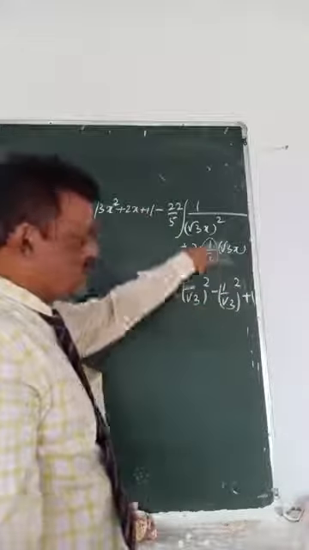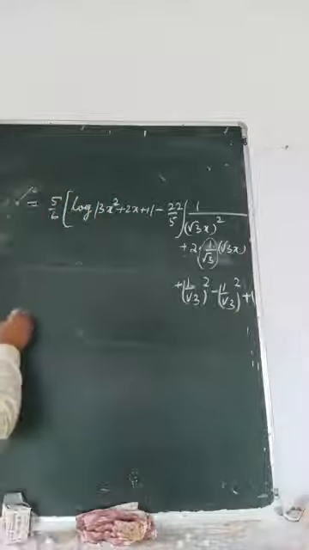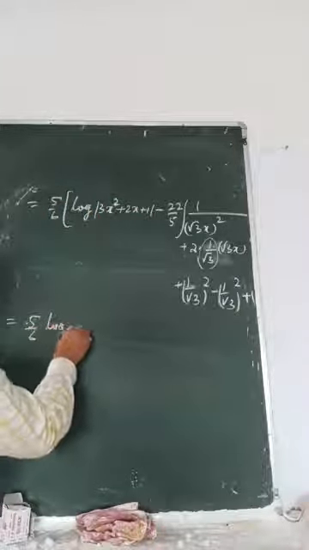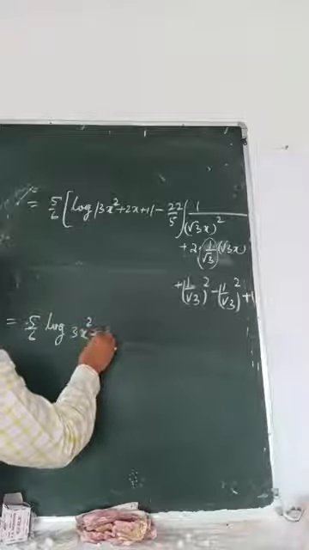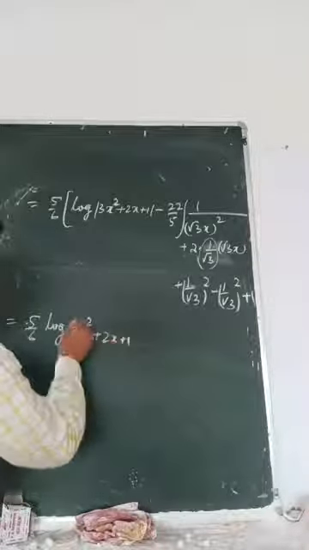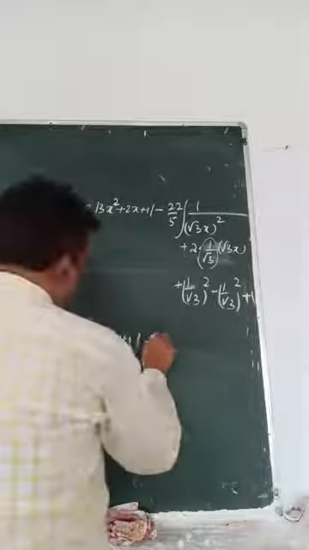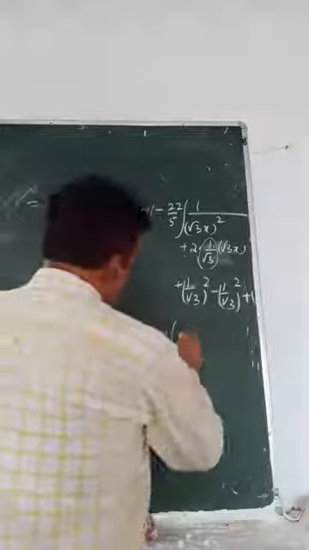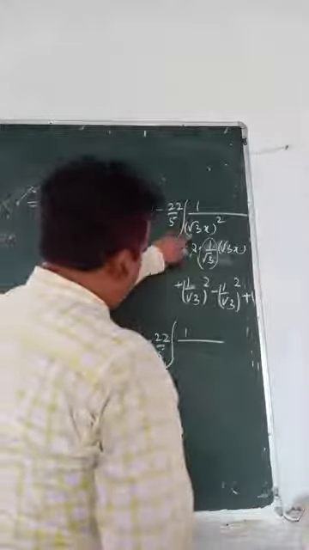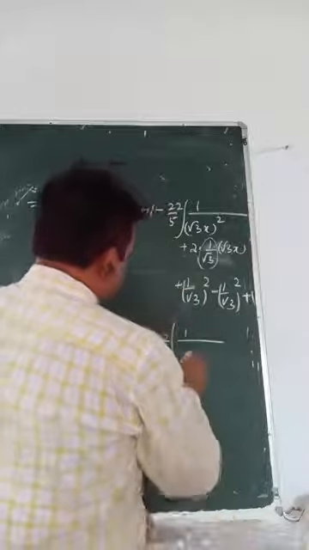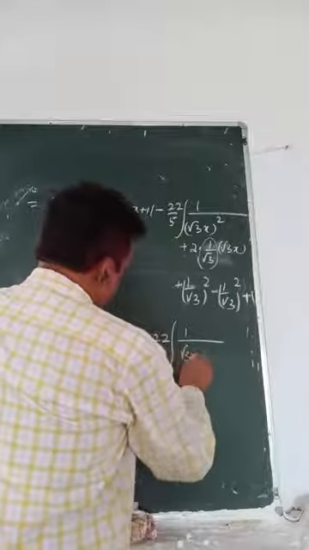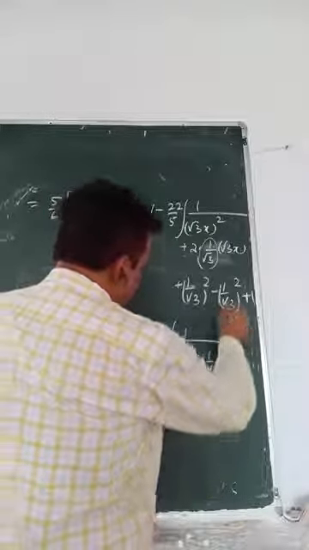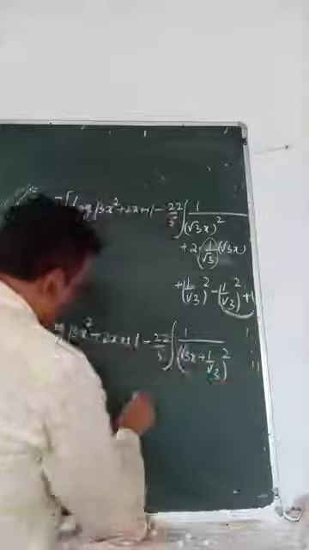This together, right? Okay. That is 5 by 6 log 3x square plus 2x plus 1 minus 2 by 5 integration of 1 by a plus b whole square, root 3x plus 1 by root 3 whole square. How to solve this? Look at here.